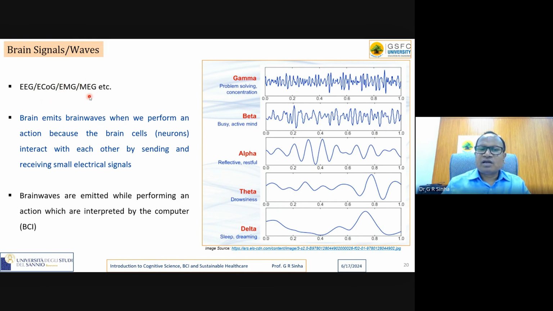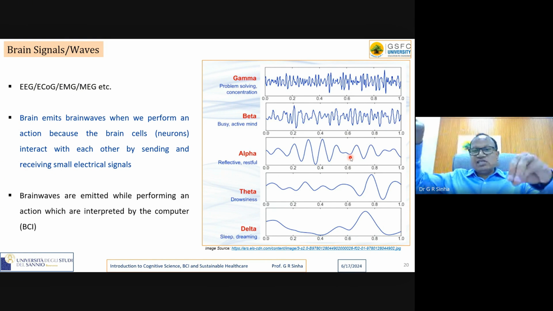Magnetoencephalograph. Talking about EEG, the picture which you can see in this slide is representing EEG. There are different types of waves, there are different types of signals which are emitted. And if you decompose, I believe everybody knows about ECG.